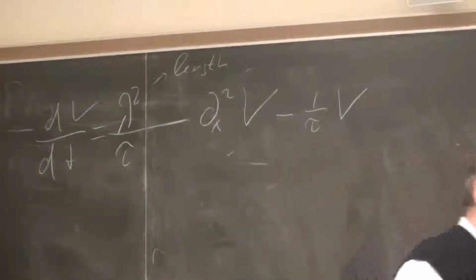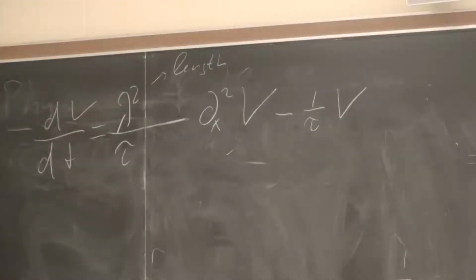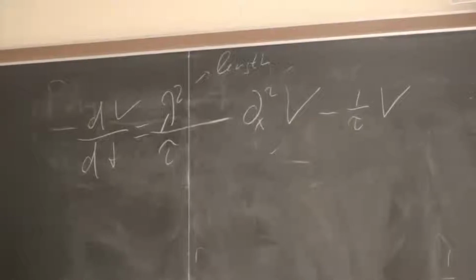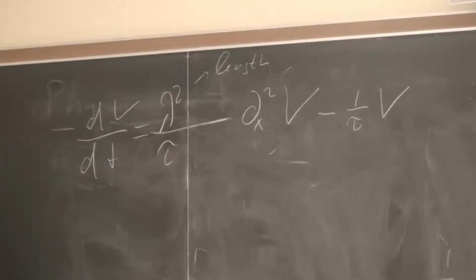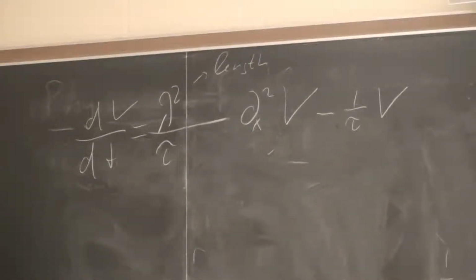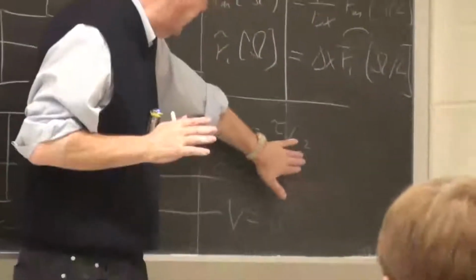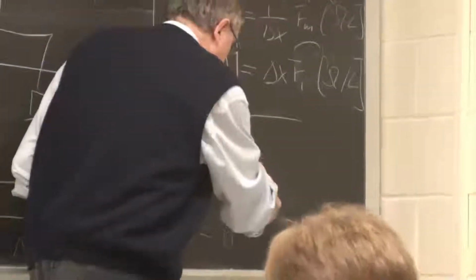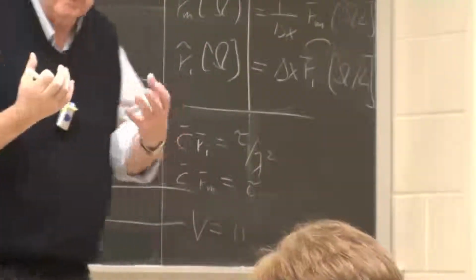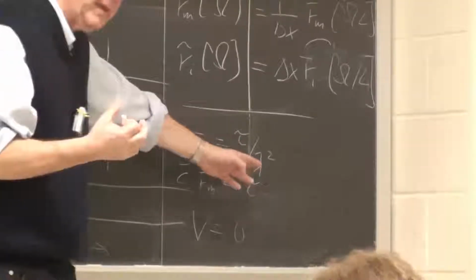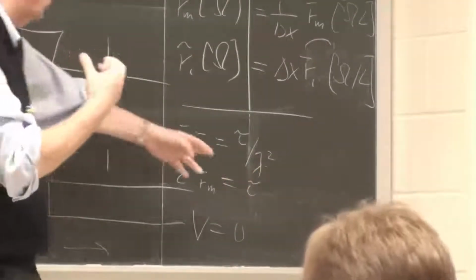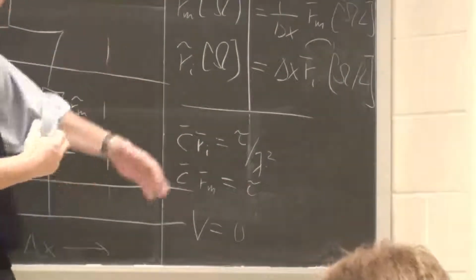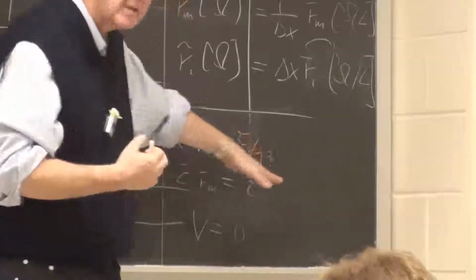Now you might worry that this is not necessarily the same tau. You are right, it doesn't have to be the same tau, but I can make it the same tau because the difference I can put into the lambda squared. So this is time over lambda squared. I call it tau, and this is also tau divided by lambda squared. The difference I put into the lambda squared.